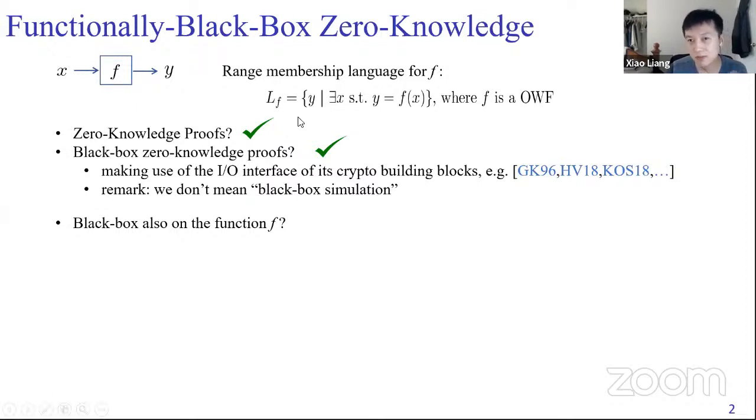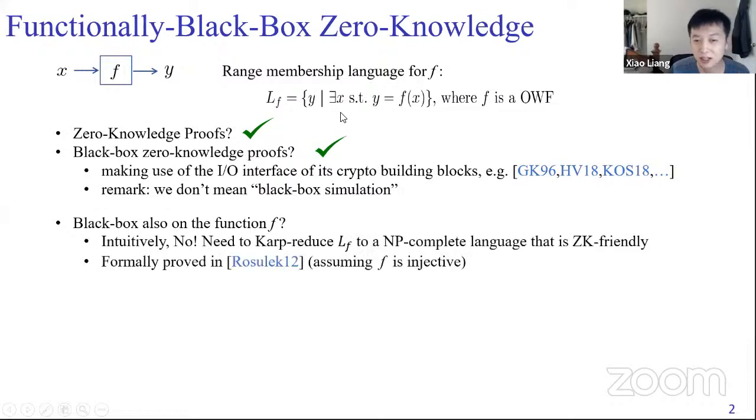That means if you give me the witness to test the range membership, I only need black box access to the one-way function f as an oracle. So it would be awesome if we can construct a black box protocol for this language, also based on black box access to the one-way function. But unfortunately, for this question, the answer is no.